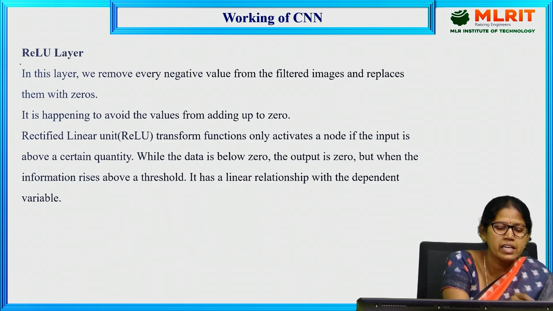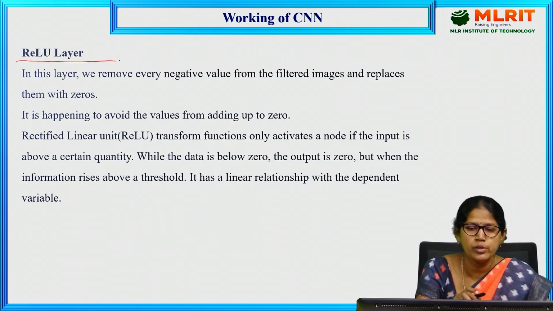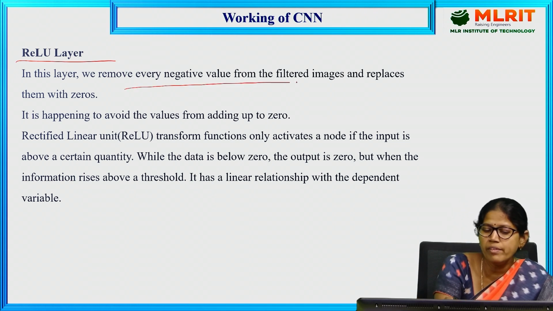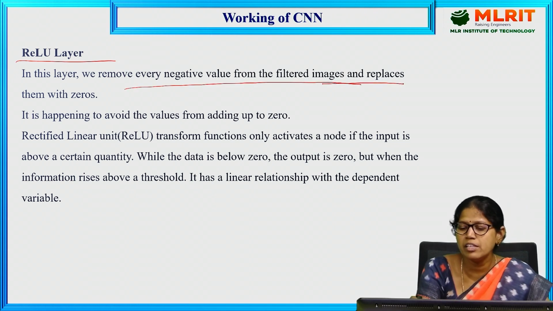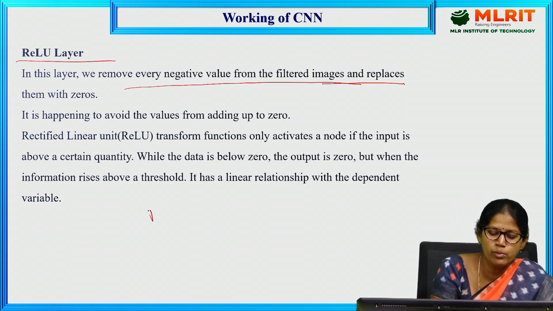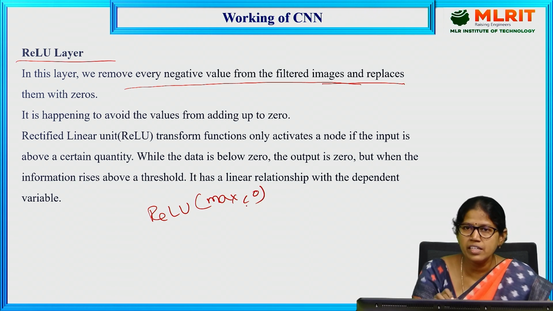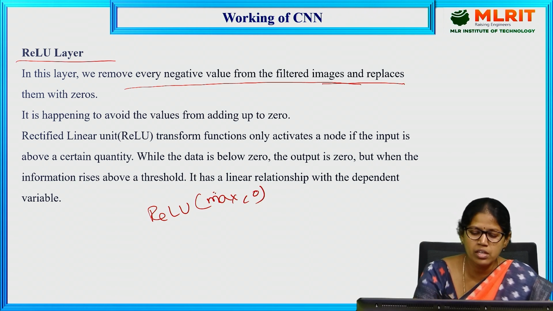The next layer is the rectified linear unit layer, meaning activation. In this layer, we remove every negative value from the filtered image. So the ReLU formula is max of 0 and x. If it is a positive value, it remains the same.